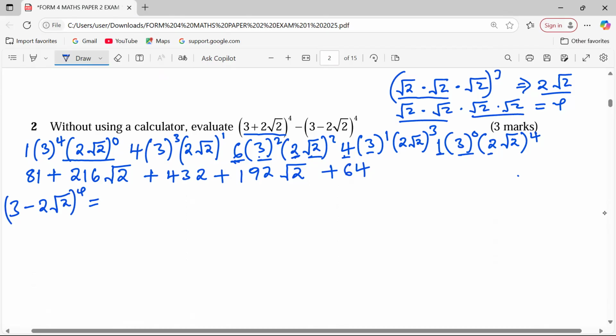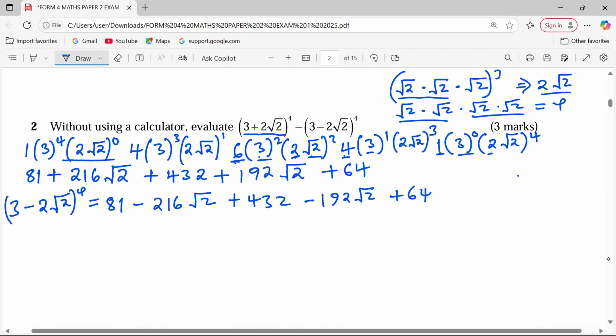In this case, it shall be 81 minus 216, the root of 2, plus 432 minus 192, the root of 2, plus 64. Yeah, negatives alternate with positives. So that's how it shall be.